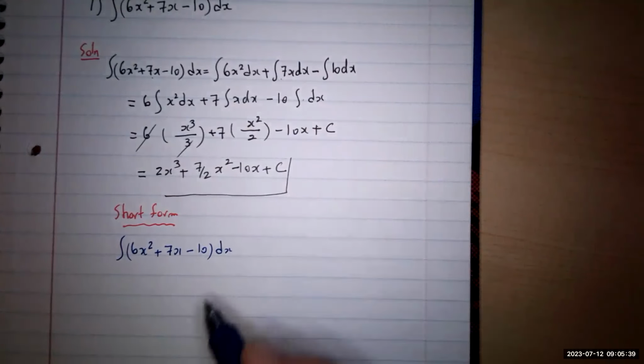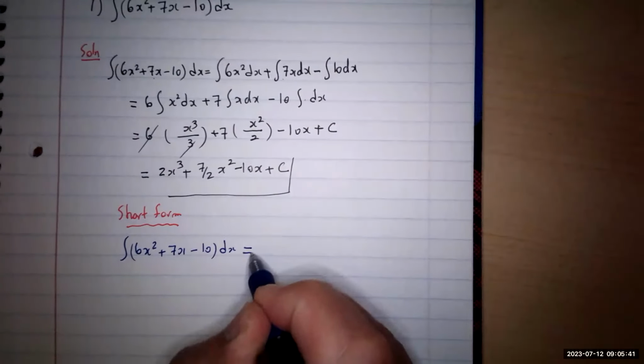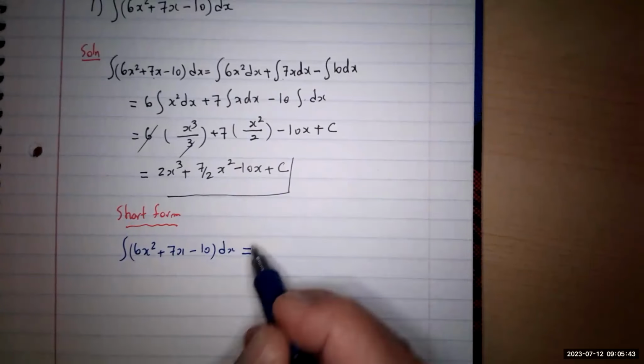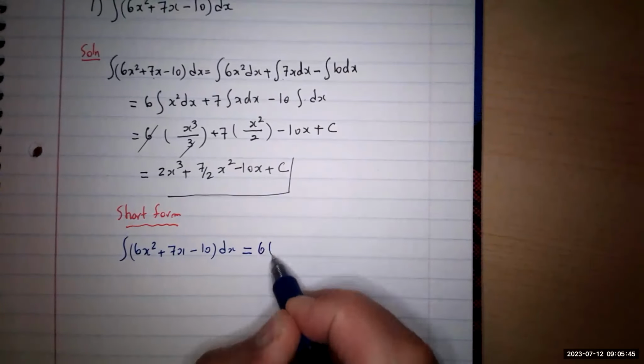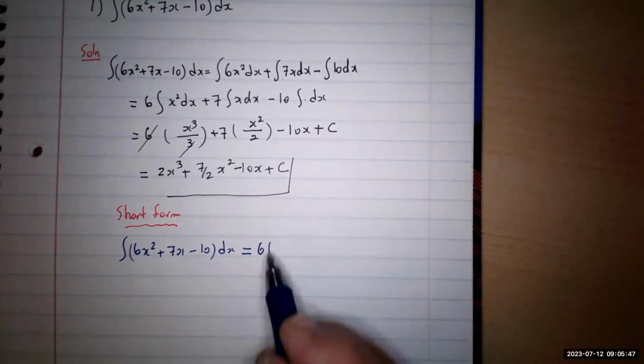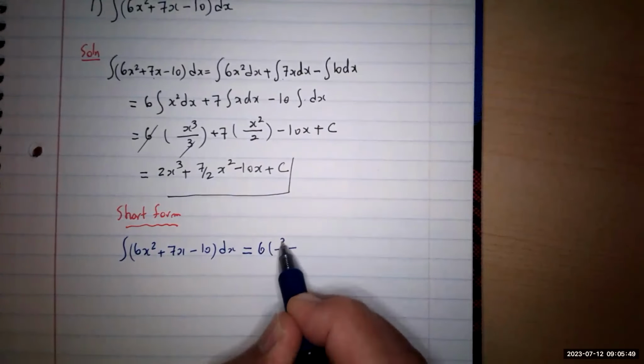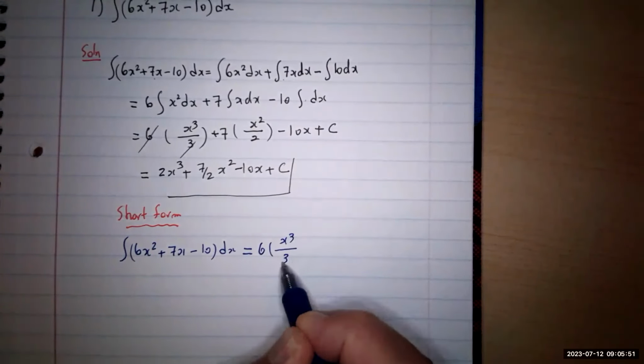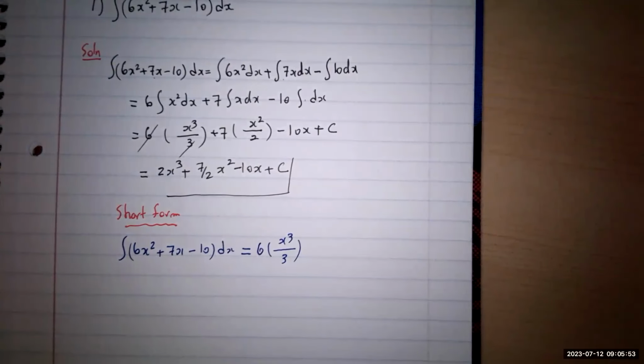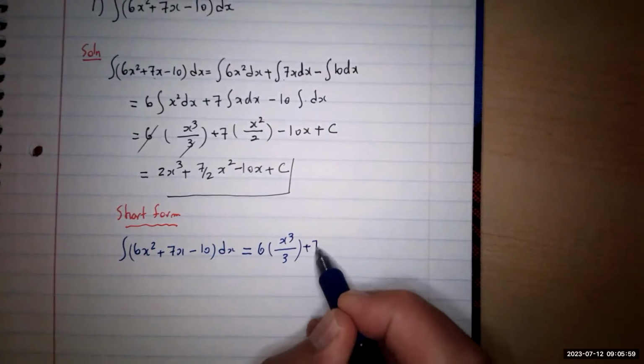See, this is going to be equal to 6, a coefficient. We keep it. For the x squared, we apply the power rule. Move up the power: x cubed over 3. Done with the first one. Next, 7 is the coefficient. You keep it.